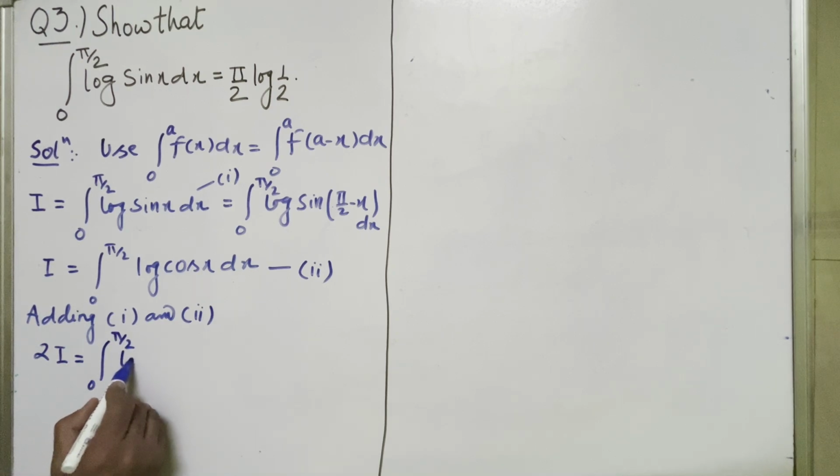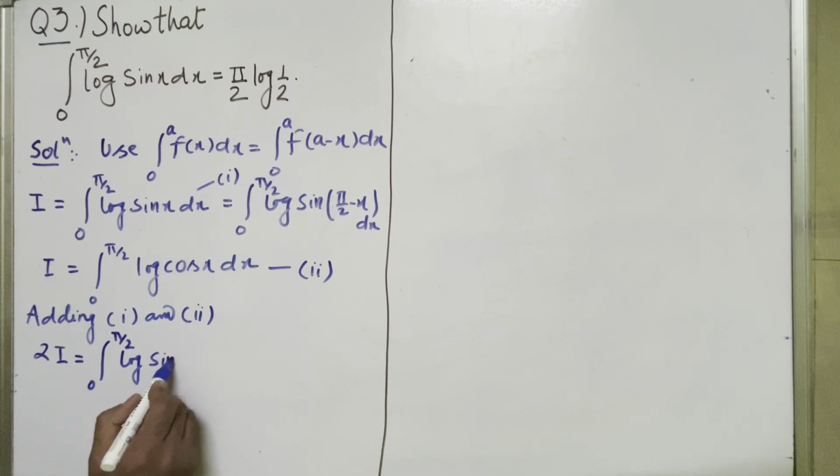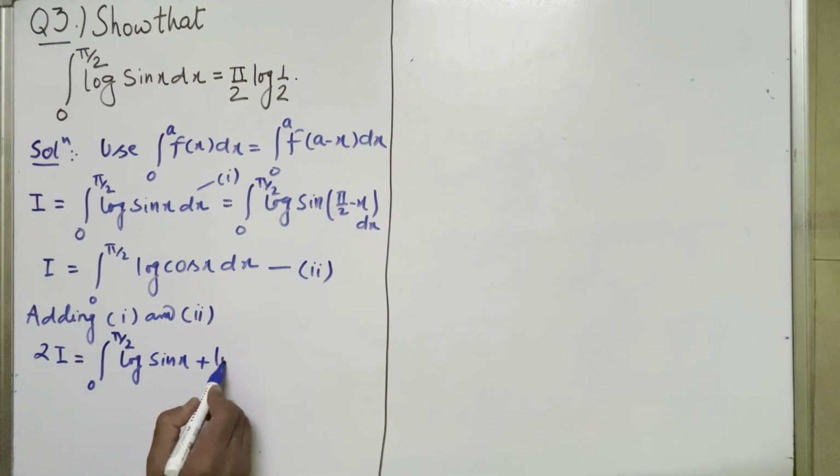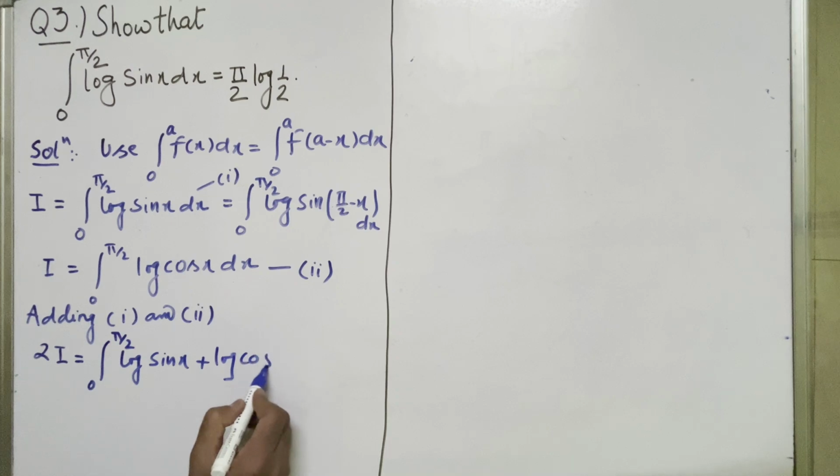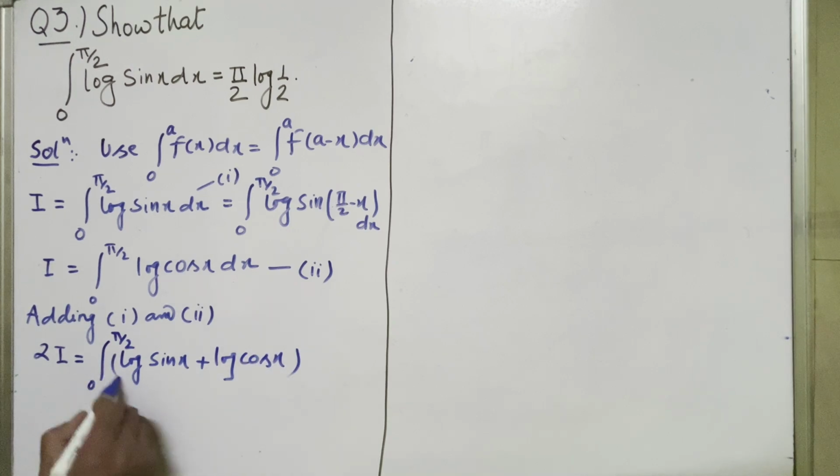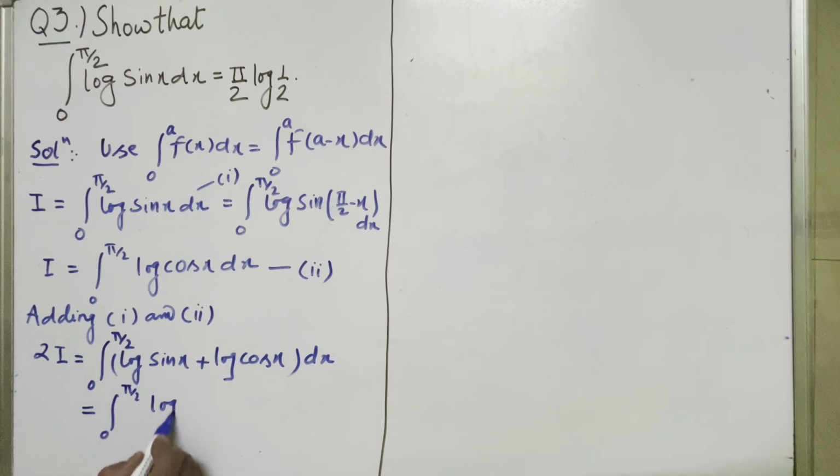So it will become log of sin x plus log of cos x dx. Now here we'll apply this property of log, which says log m plus log n is log m into n. So it becomes integral 0 to pi by 2 log sin x into cos x.